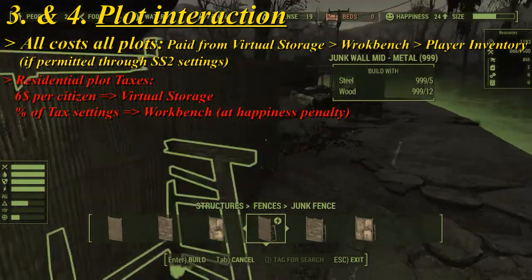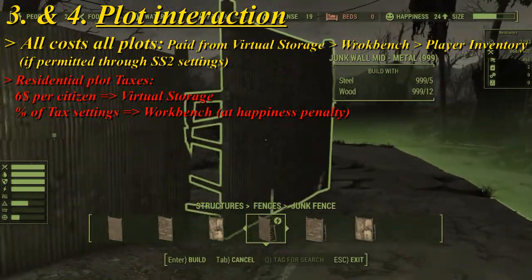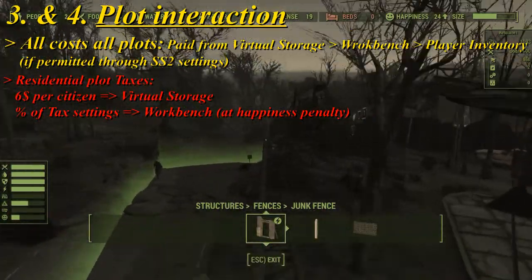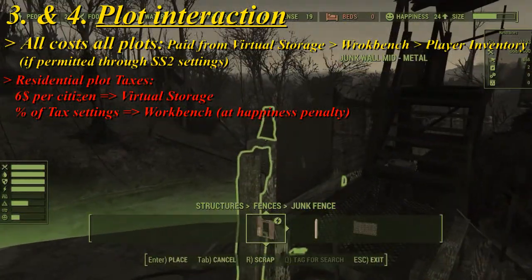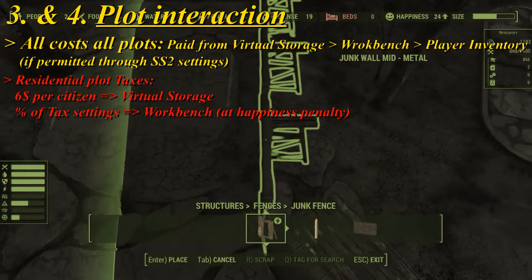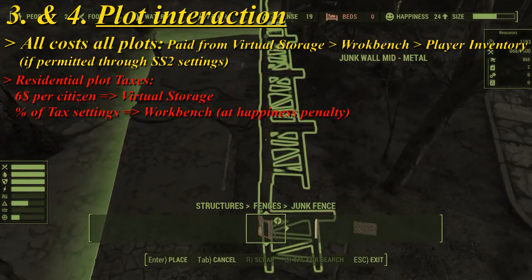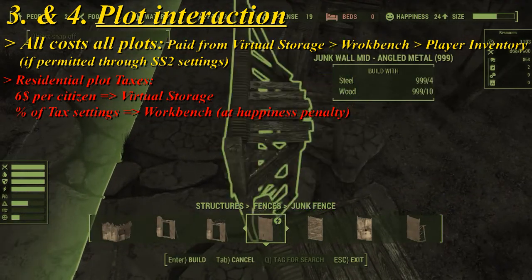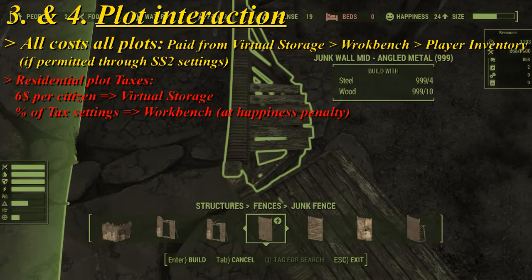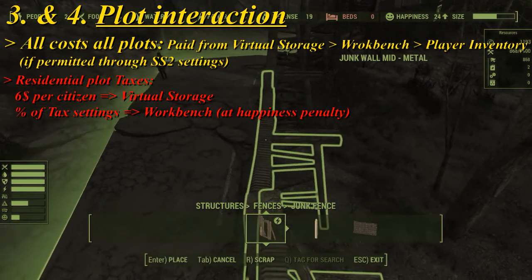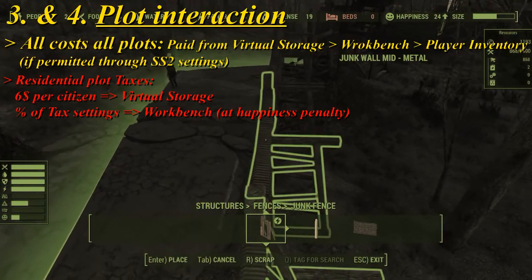So what is the tax system then in the Sim Settlement 2 option? It took me a while to figure that out, but the Sim Settlement 2 tax option does not determine those 6 caps. Those 6 caps are standard. They cannot be changed. Those 6 caps will always go into virtual storage. But the tax rate that you set in Sim Settlements 2 options is the percentage of those 6 caps that goes into your workbench on top of that.